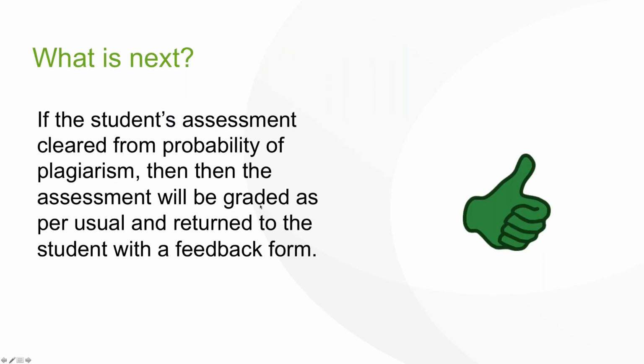If the student submission does go through a plagiarism investigation and it's cleared from the probability of plagiarism, then the assessment will be graded as per usual and marked to the student with a feedback form.